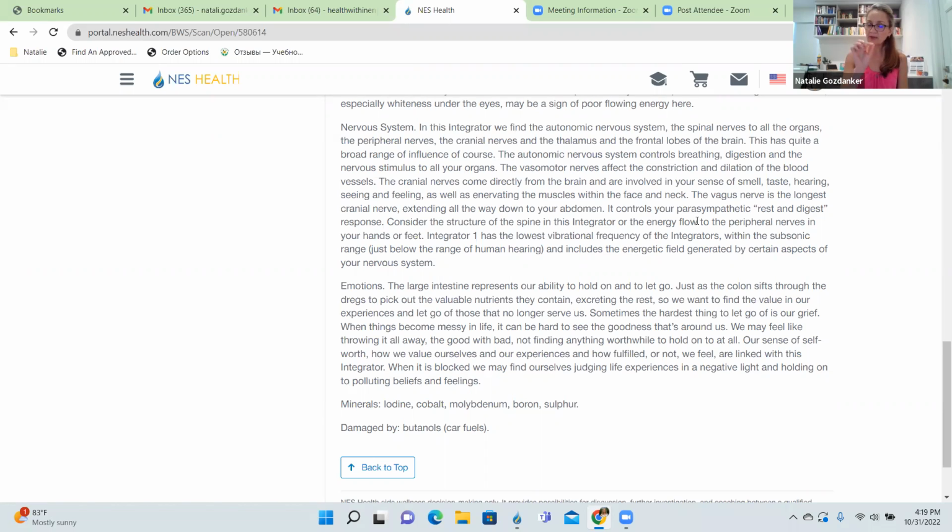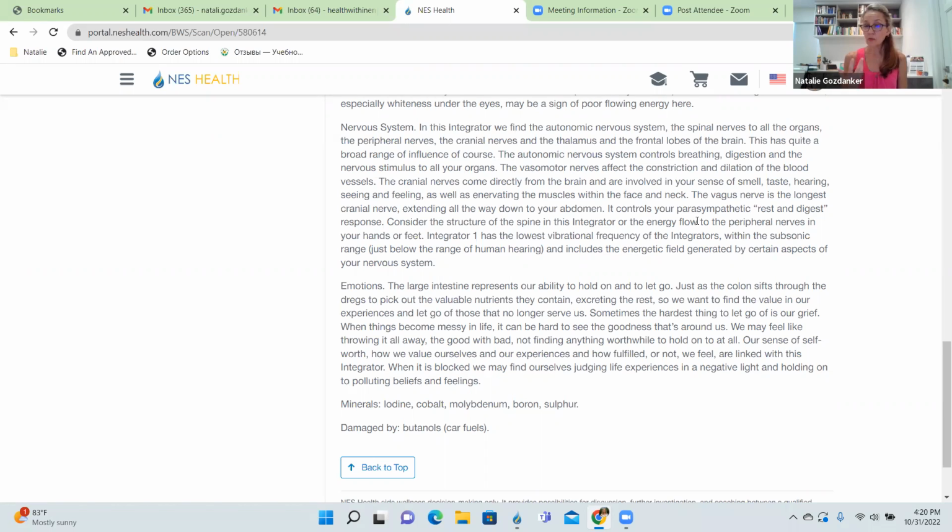Because don't forget, this integrator, the large bowel, is connected to the lungs, and the emotional body-mind association for the lungs is grief. So when things become messy in life, it can be hard to see the goodness around us, and that's what people often notice when this integrator gets out of balance.